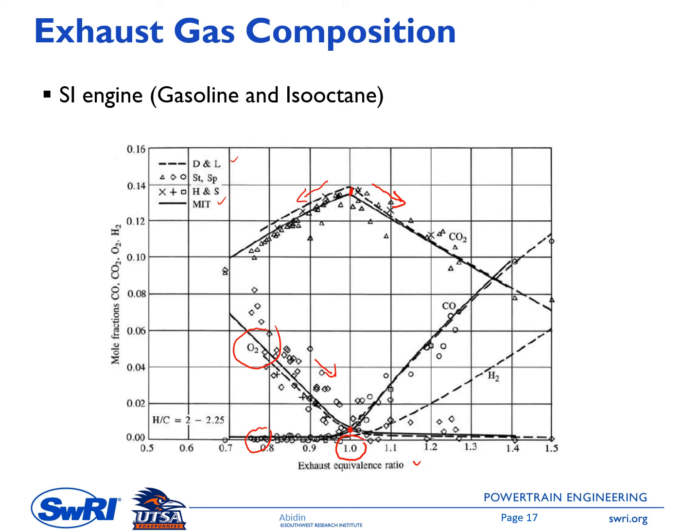If we have rich mixture combustion, then we start seeing more CO. You can see here, as we increase the exhaust equivalence ratio, CO increases as well. Same thing here for hydrogen: if we have more fuel, meaning rich mixture combustion, then we have more hydrogen as well.